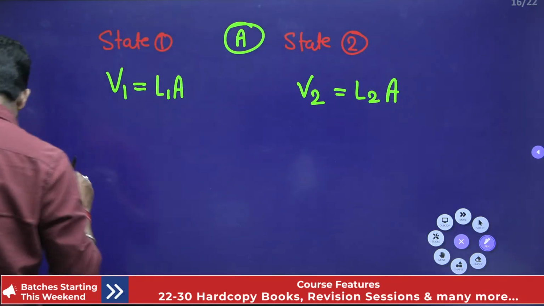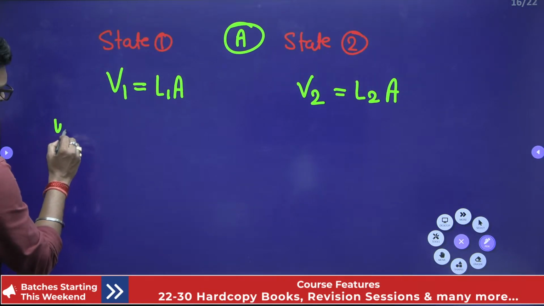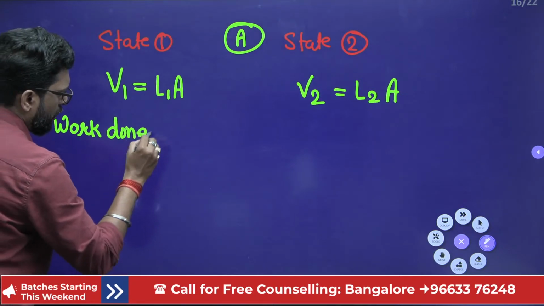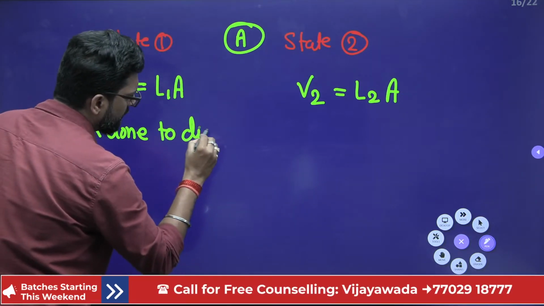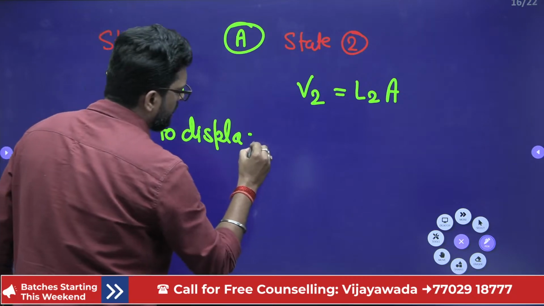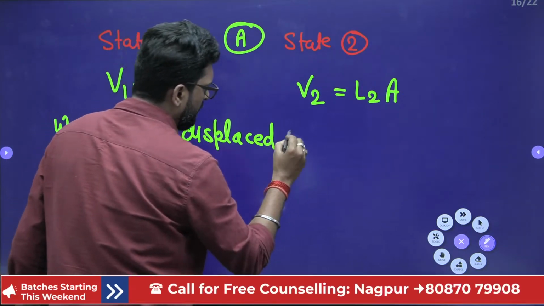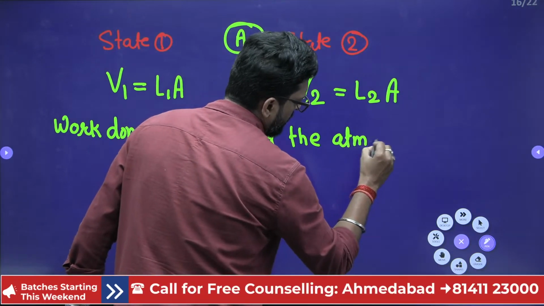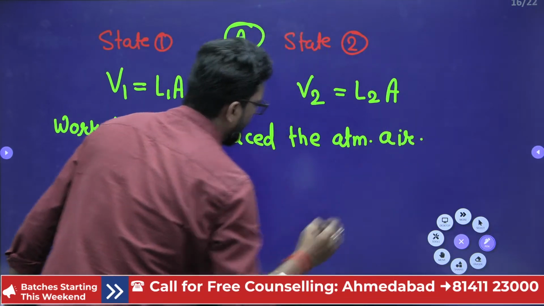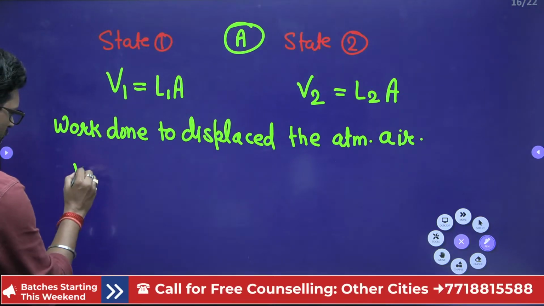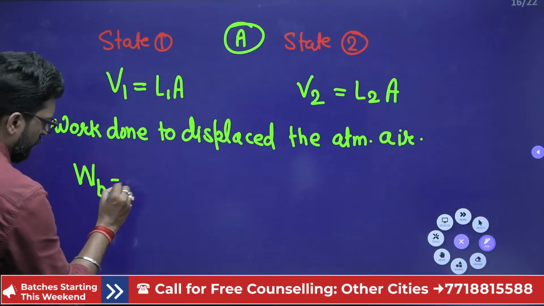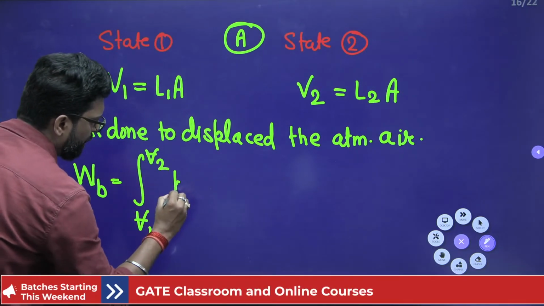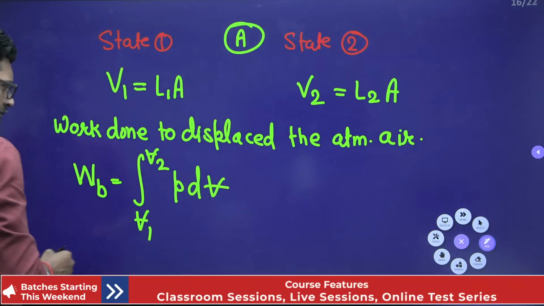Now, work done to displace the atmospheric air: WB is equal to integration from V1 to V2 of P dV. Right?